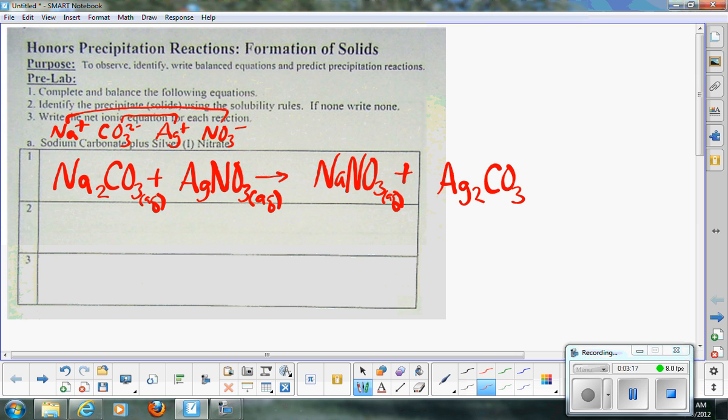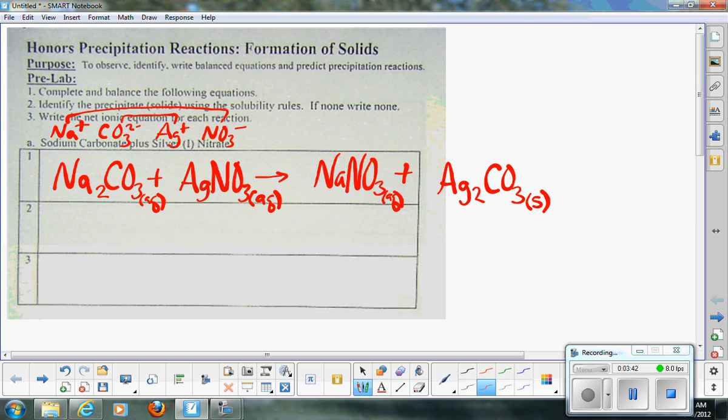Then we also look on the back, and we can't really find any things that talk about silver, but a lot of them have silver in them. But we can find carbonate, and that's down towards the bottom. And it says most carbonates are insoluble, except with alkali metals. Well, this is not an alkali metal. Silver carbonate is insoluble. So we put an S, meaning it will make a solid. Okay, it'll make a solid.